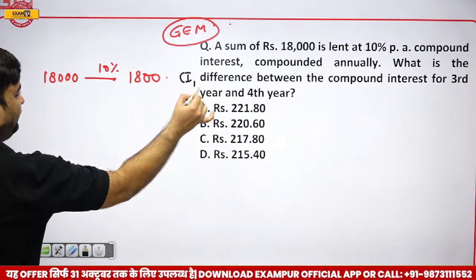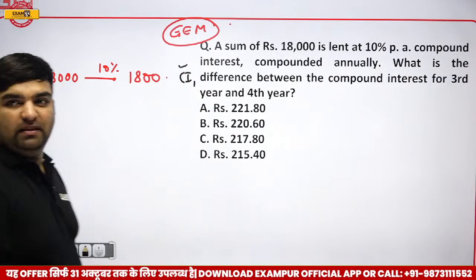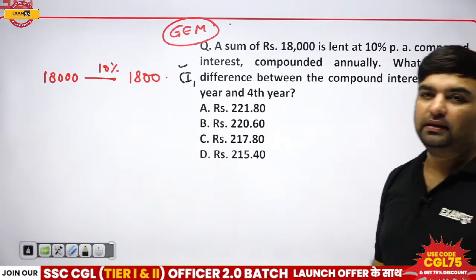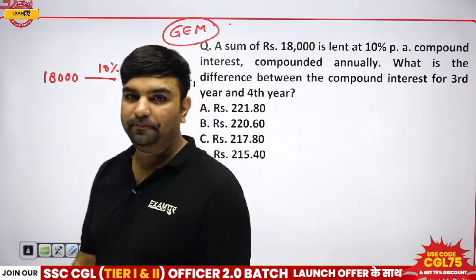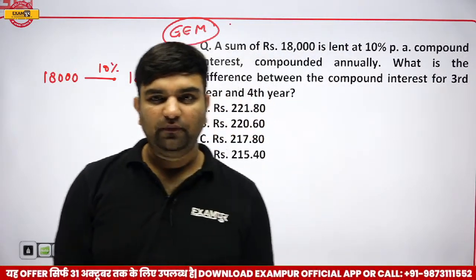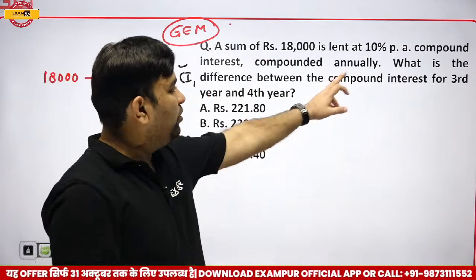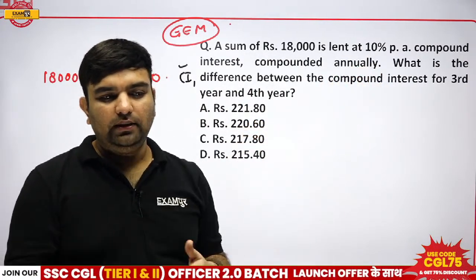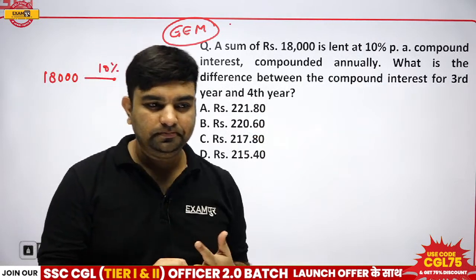If CI of 1 year is known, then the CI of all other years can be found out easily. Because the rate is 10%, it is only going to be 10% higher than the previous value.